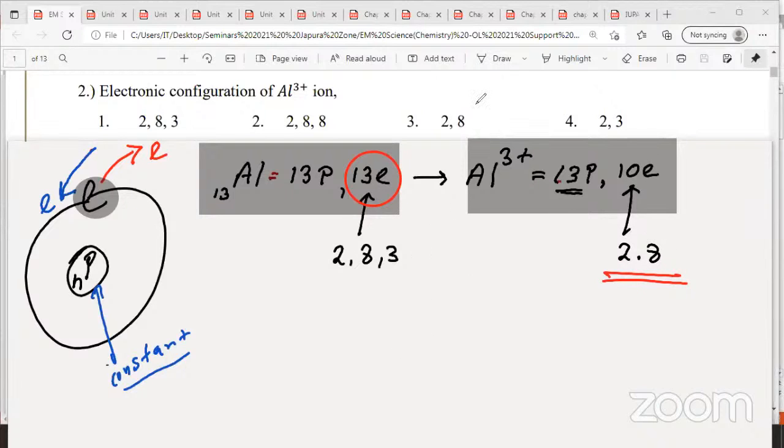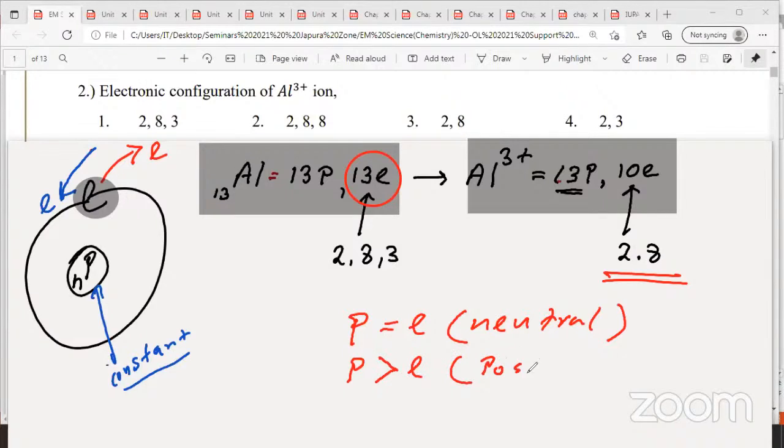Always remember, if in an atom protons equal electrons, it's neutral. You can copy this down also. If an atom contains more protons than electrons, it is positively charged.